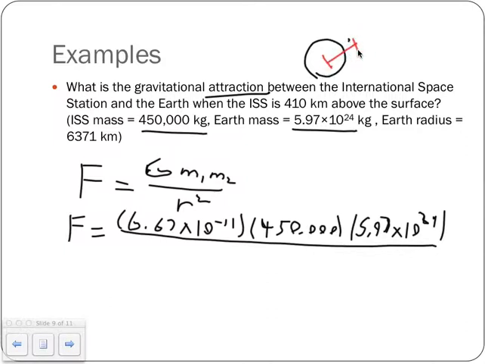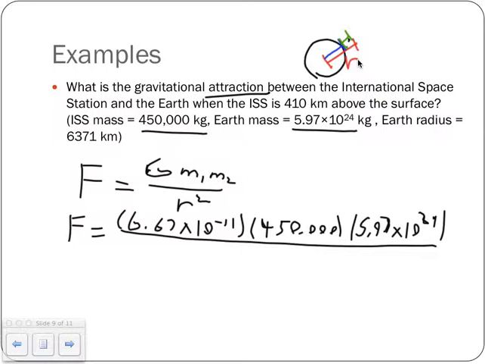And so that means we're going to need both the distance from the center of the Earth to its surface, and then we're going to have to add on to that the distance between the surface and the International Space Station. So the sum of those two is going to be our total radius right here.